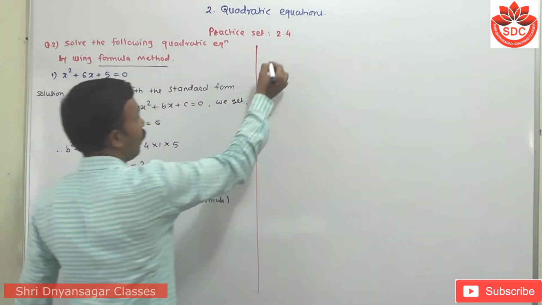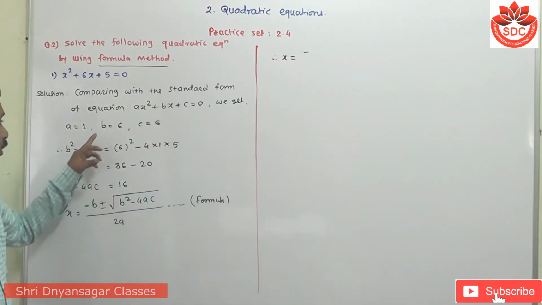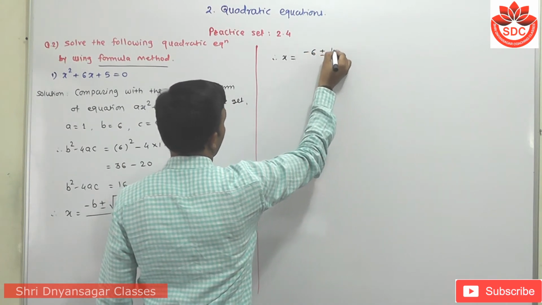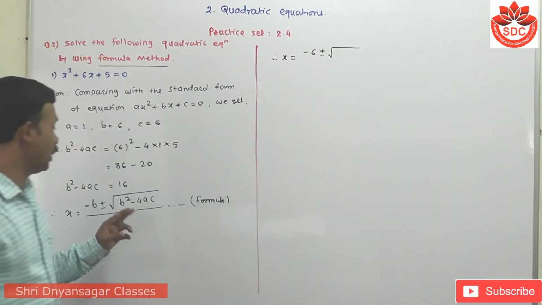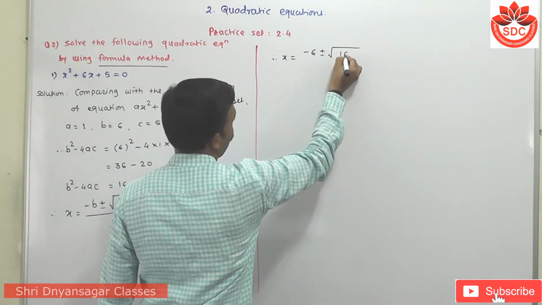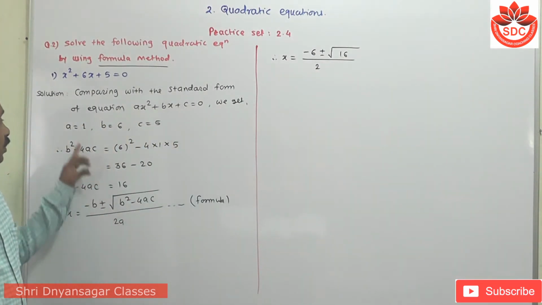Therefore x is equal to minus b, which is minus 6, plus minus root of the value of b square minus 4ac, directly substituting 16, upon twice into a, a is 1.